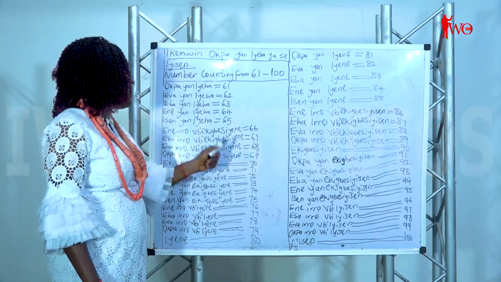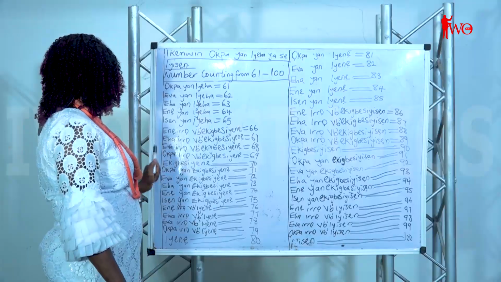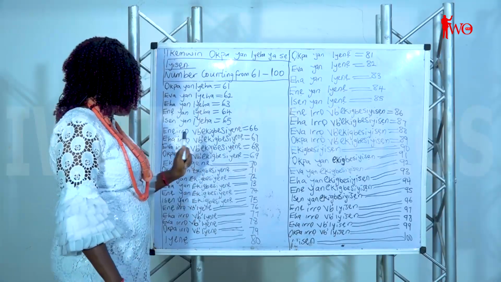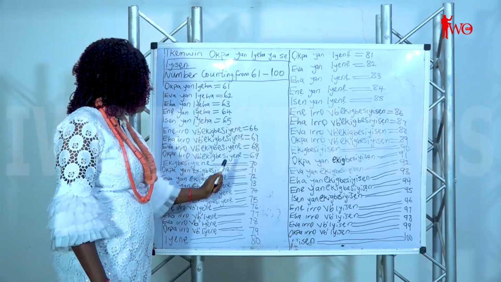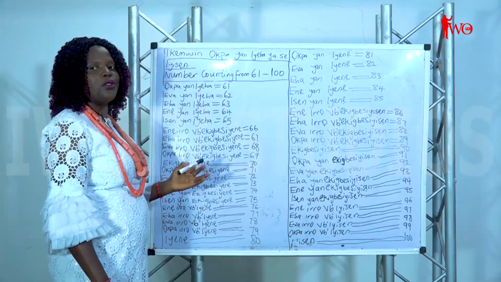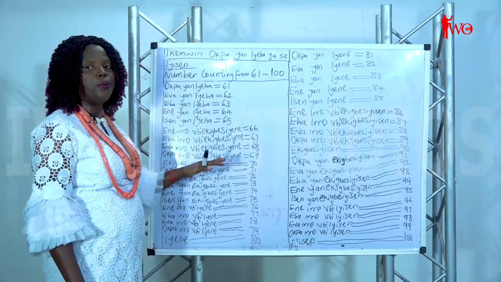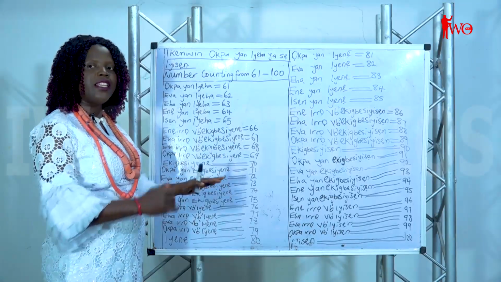Okpanya ekigbesi yene. Evanya ekigbesi yene. Ehanya ekigbesi yene. Enenya ekigbesi yene. Isenya ekigbesi yene. So I told you earlier that the smaller numbers are the ones put on top after the even numbers.